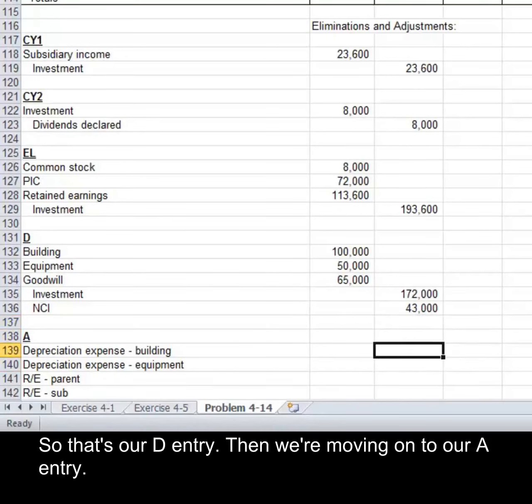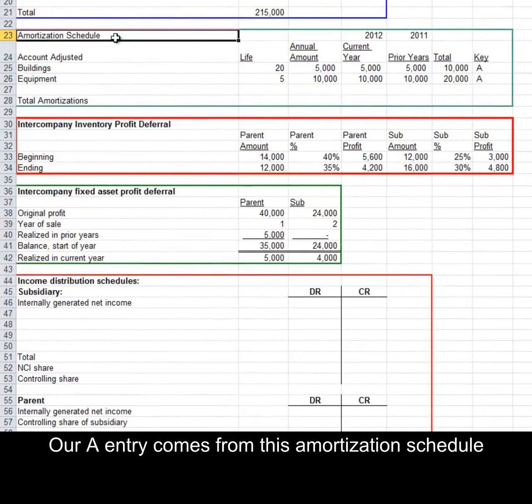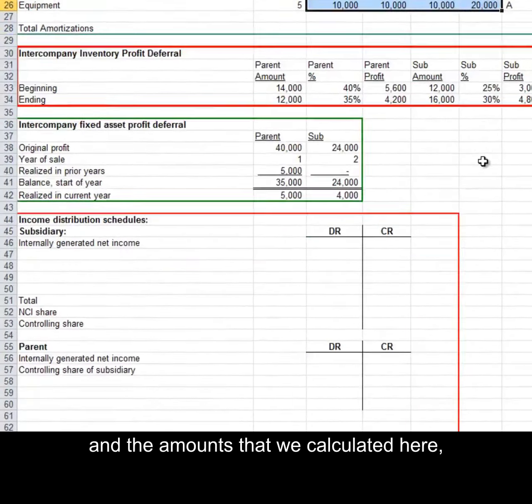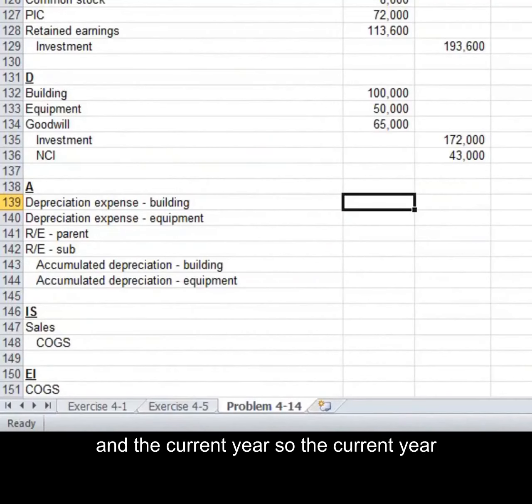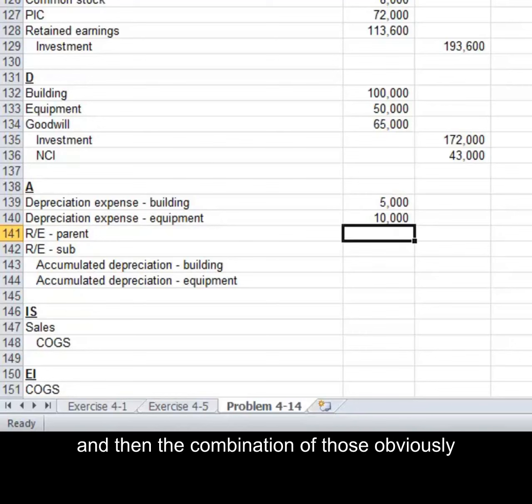Then we're moving on to our A entry. Our A entry comes from this amortization schedule and the amounts that we calculated here. So we're going to record the prior year and the current year. So the current year for the building was the 5,000, and for the equipment the current year is 10, and then the combination of those obviously was also done in the prior year.